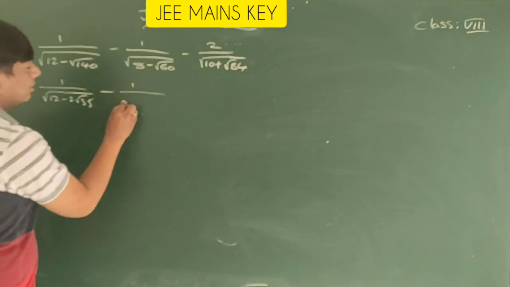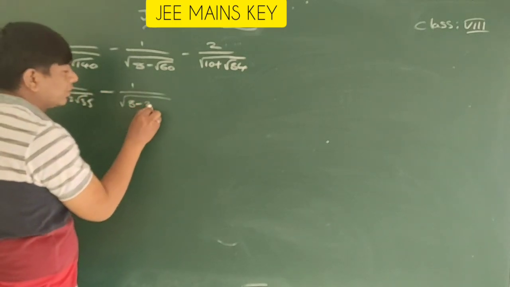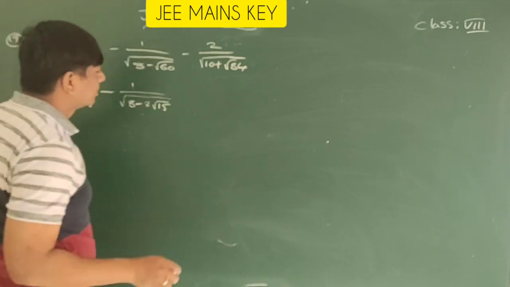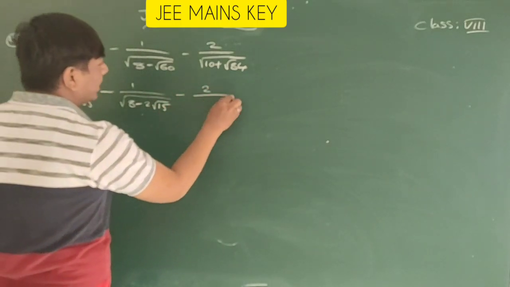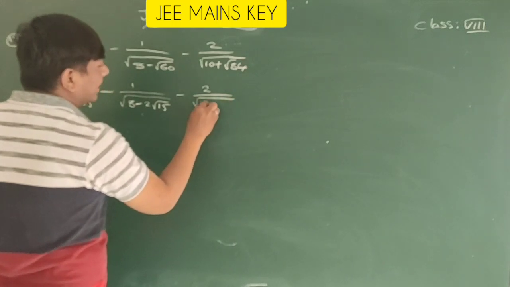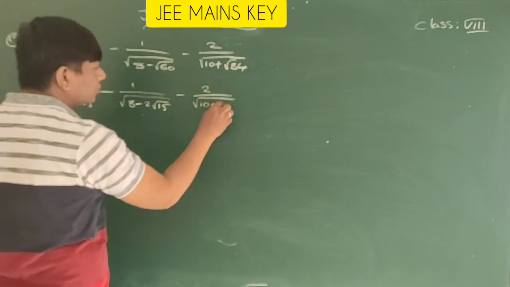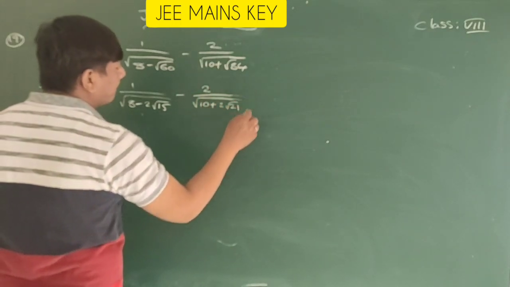Minus 1 by root of 8 minus, 4 times 15 is 60, taking 4 outside gives 2 root 15. Minus 2 by root of 10 plus 2 root 21.